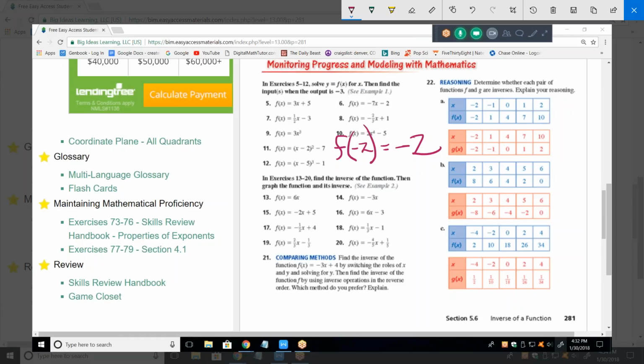So let's take the second column. What is f of minus 1 equal to? 1. Now they want to know if f and g are inverses. Well, now let's go down and look at what g of 1 is. If it's minus 1, then so far so good. Is it?